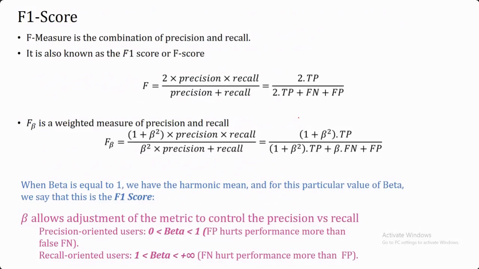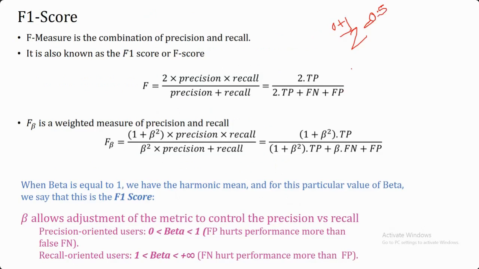So F measure is basically the combination of precision and recall. Here we are not simply considering the average of precision and recall, because if we consider the average, one value is going to dominate the other. Like suppose you have precision as 0 and recall as 1, in that case you are going to get the value 0.5.